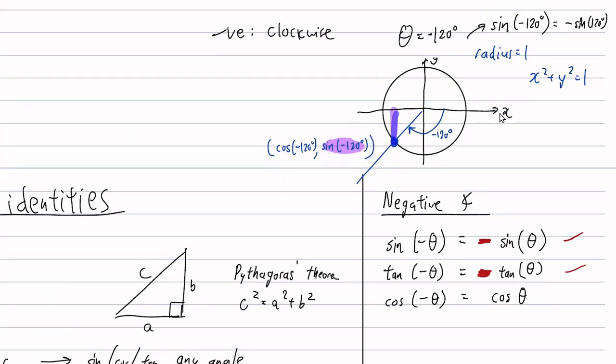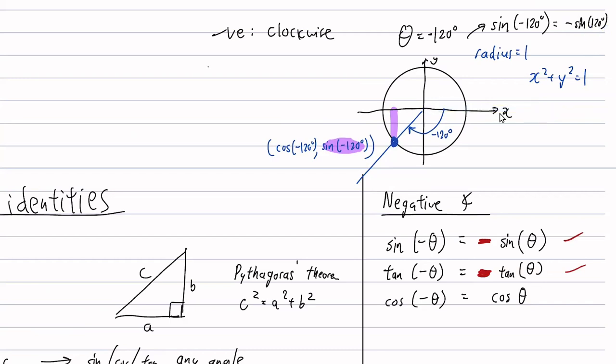It's this vertical length, but it's negative because it is below the x-axis. But now I want to show that this will be the same as negative of sine 120. Then my question is, how do I represent 120 degrees on the unit circle? I start with the positive x-axis and rotate 120 degrees. But do I turn anti-clockwise or clockwise?